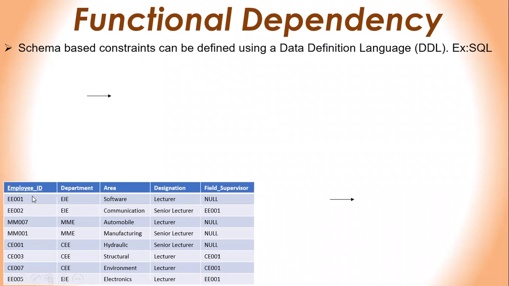A functional dependency can occur from a prime attribute to a non-prime attribute, right? So what we discussed last week were schema-based constraints, or in other terms known as structural constraints, right? Schema-based constraints were the ones that we learned last week.